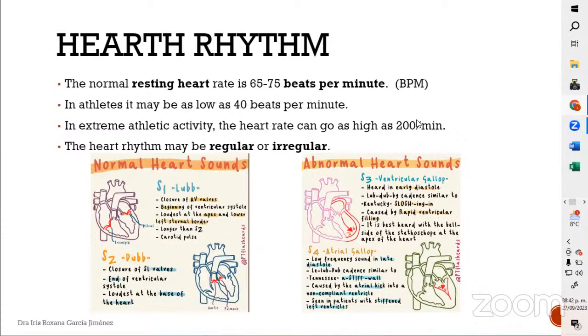That's the meaning of this slash line. I mean, if you see this, you know that this is the meaning, okay? The heart rate may also be regular or irregular. So let's take this into account.